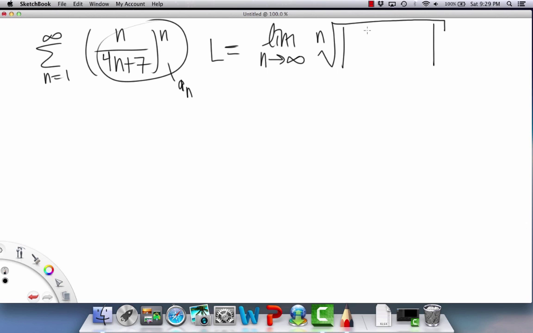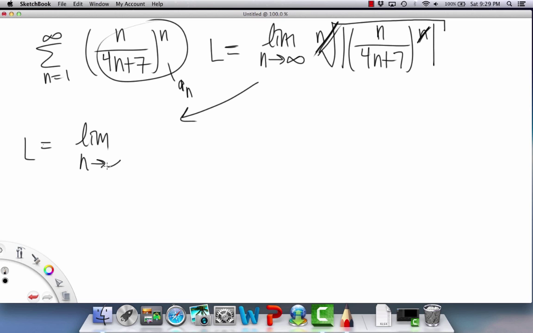So we're just going to plug that in here, in between the absolute value signs. And as you can see, the nth power and the nth root cancel pretty conveniently. They try to do that on the homework, I believe, so just be looking out for that. So these are going to cancel, and we're actually just going to get big L equals the limit as n goes to infinity of just the inside, n over 4n plus 7, okay?